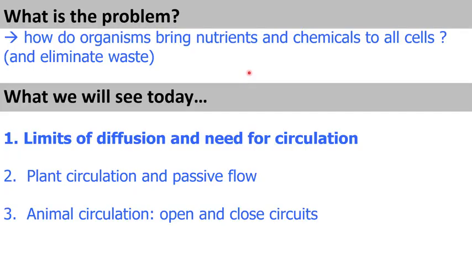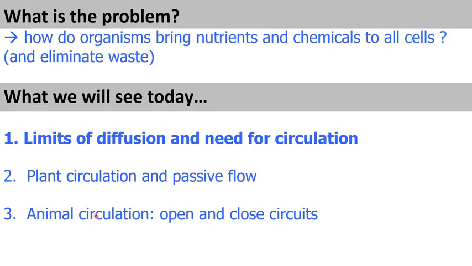So what is the problem we're going to discuss in this lecture? The question is, how do organisms bring nutrients and chemicals to all cells? So we'll first discuss diffusion and its limits based on size, and then we'll understand the need for circulation, and we'll briefly look at the structure of a circulatory system of plants and how they use passive flow.